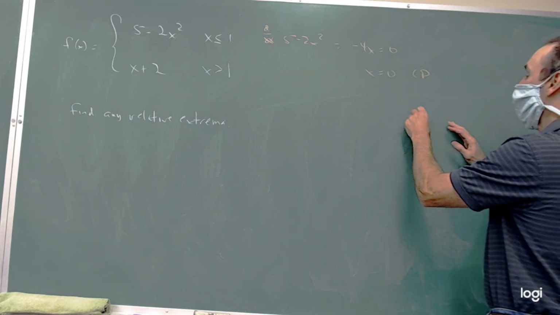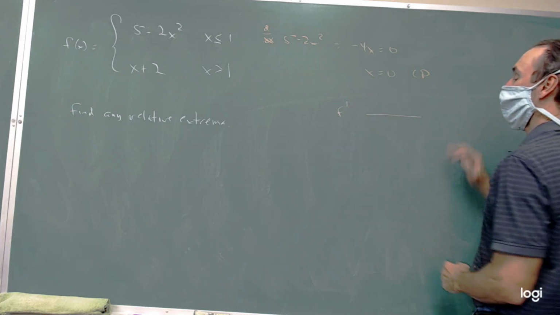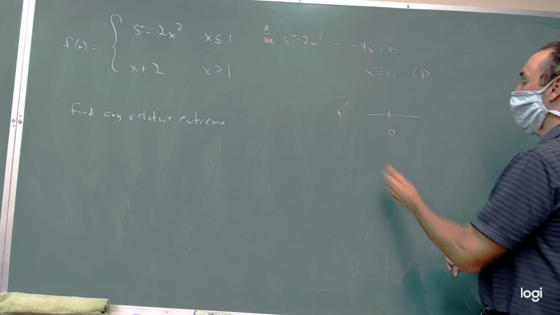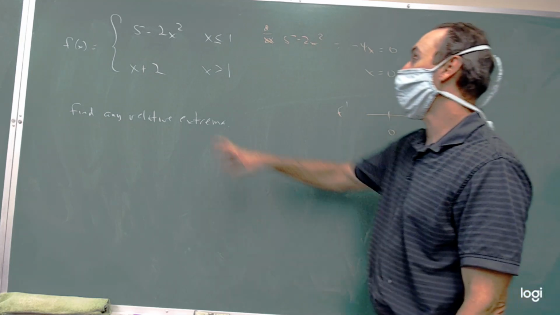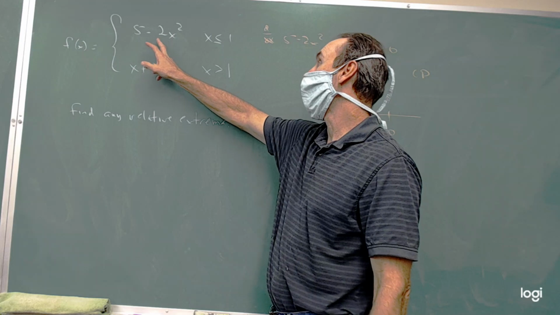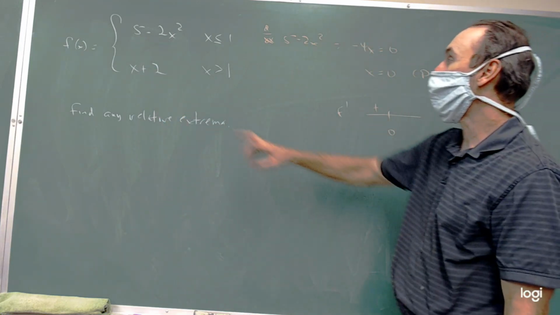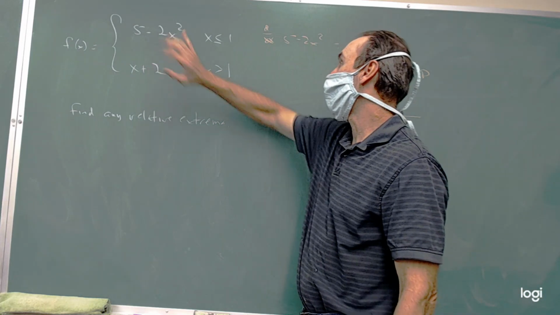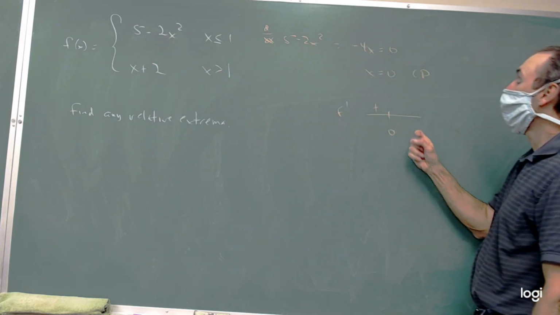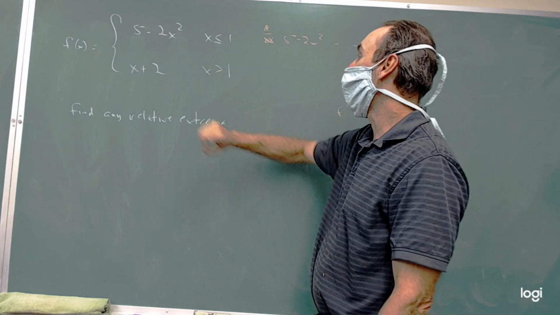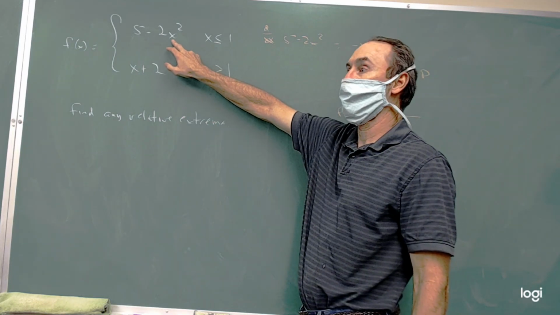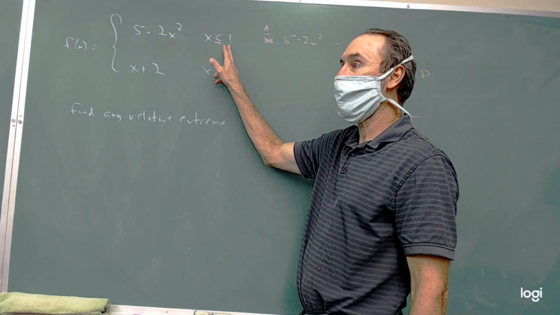So then we can do our number line and put in f prime, and there's 0. To the left, if we plug in a negative, say negative 1, this is going to be positive. If I plug in a positive, I can only go up to 1, so I'll try something like a half, in between 0 and where I cut this off.